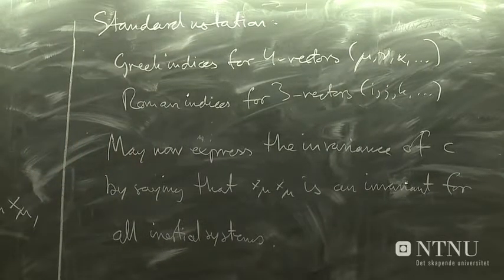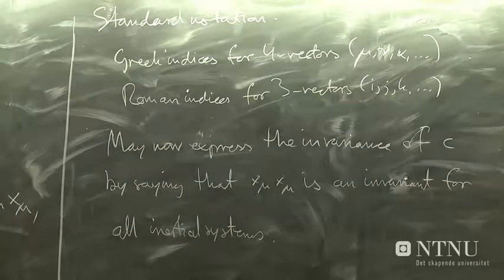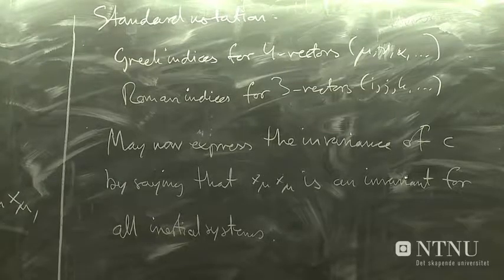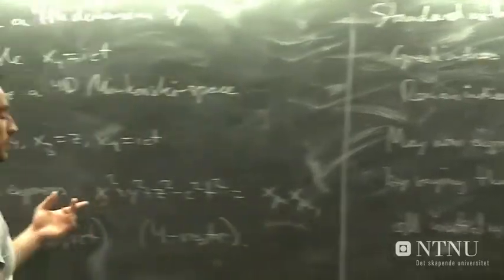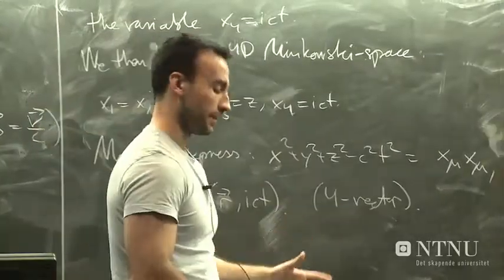So by saying that x mu is an invariant for all inertial systems, we're effectively saying that the speed of light is the same in all inertial systems. Because this form, as we saw, was invariant, regardless if we consider S or S prime.